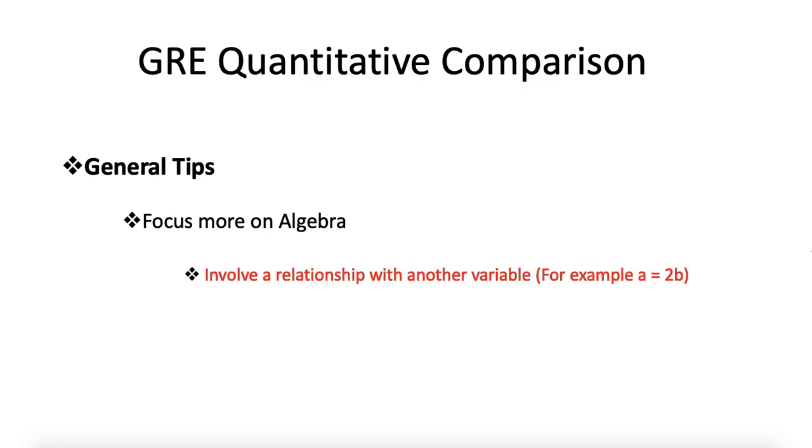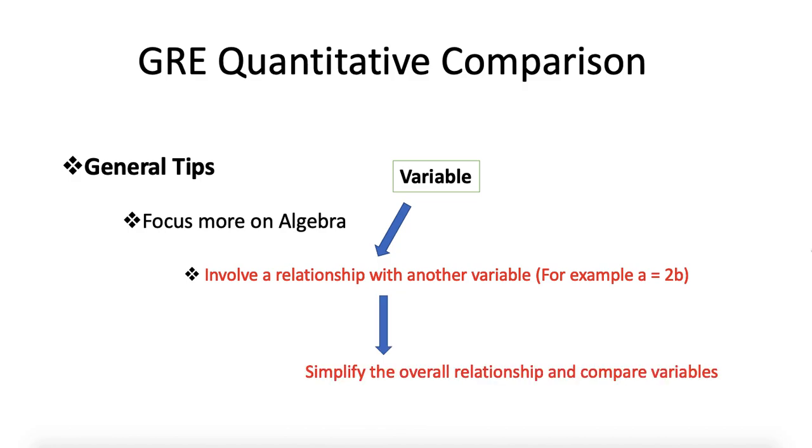Another scenario is one in which we are provided with a relationship, for example we are given A is equal to 2b. In such questions you just need to see the relationship and compare the variables; you don't need to substitute values for the variables.